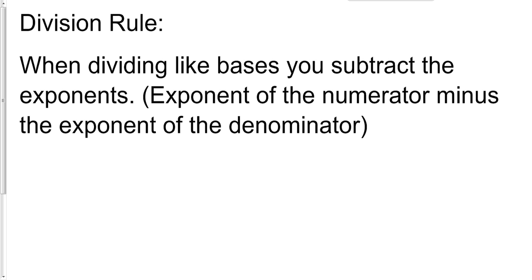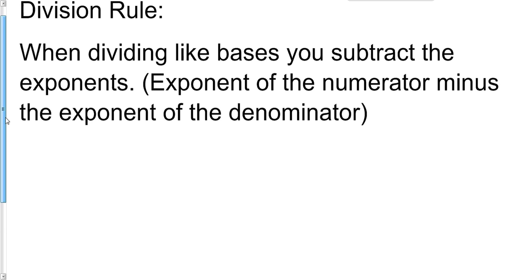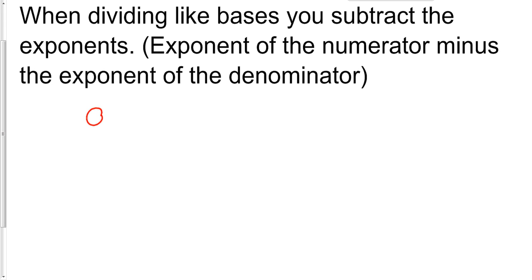Next up is our division rule. That says when you are dividing like bases, you subtract the exponent. More specifically, you take the exponent of the numerator minus the exponent of the denominator. So if you had a to the seventh over a to the fourth, you would take the top exponent, the 7, subtract 4, and you would end up with a to the 7 minus 4, which would give you a to the third power.